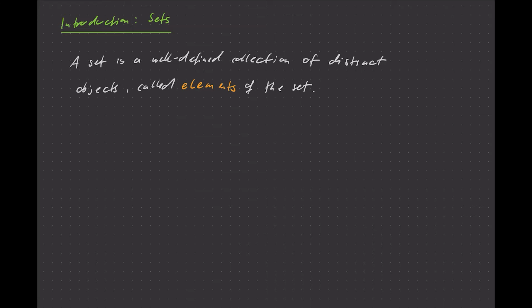There is a simple notation for denoting whether some object is contained in the set or not. That is the element-of notation. So we write an element a is contained in a set A if a is an element of that set.